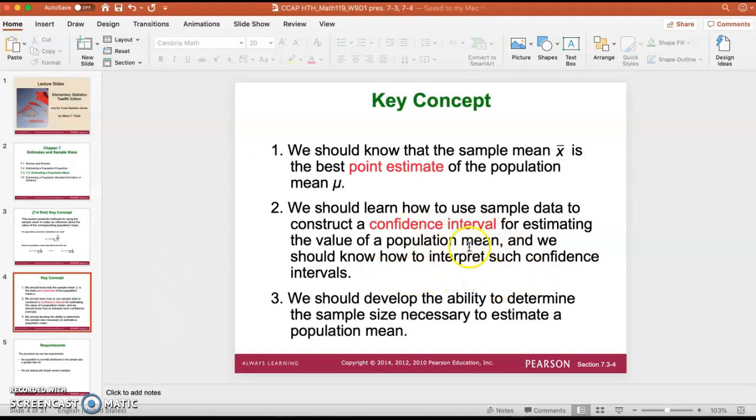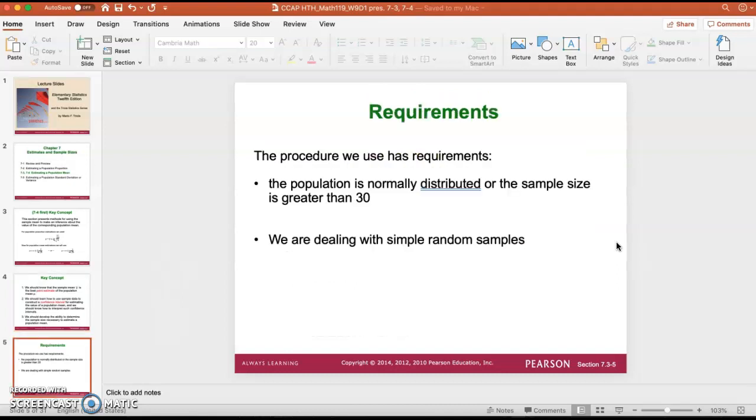Again, interpretations are the most important parts of confidence intervals. And we should develop the ability to determine the sample size necessary to estimate a population mean. So very similar concepts to the previous section, just now using confidence intervals for population means. And just about all the same conceptual ideas will still apply.